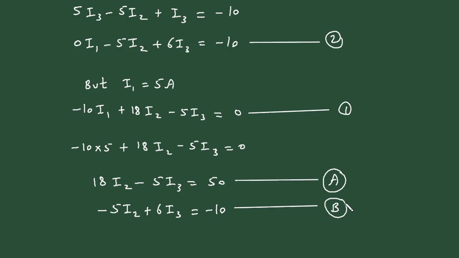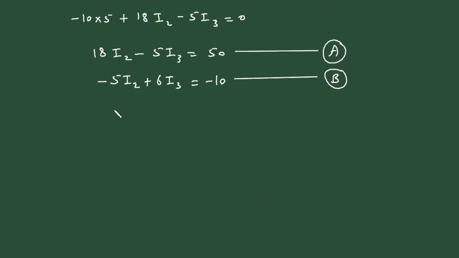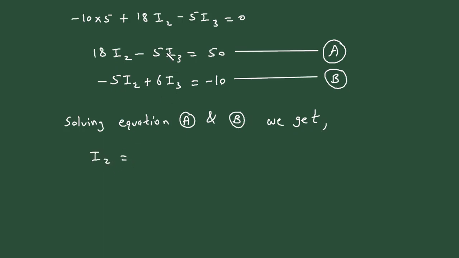Let's say this is equation number B. Now we got two equations, equation A and equation B, and two unknowns. So solving equation A and equation B, we get the value of I2 and I3.